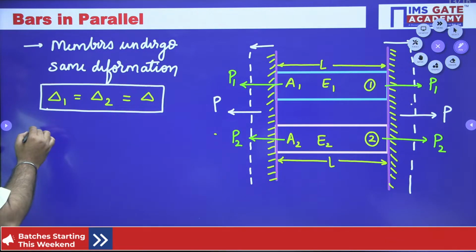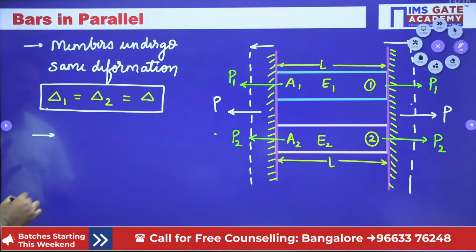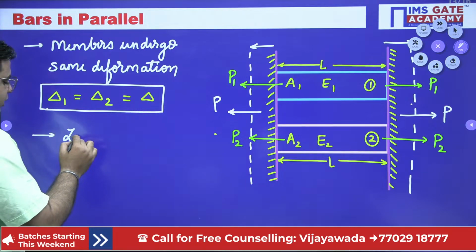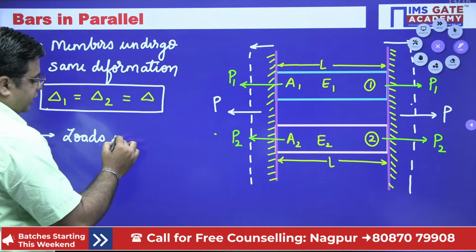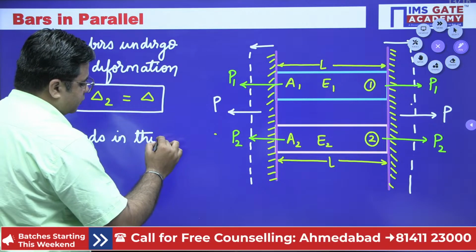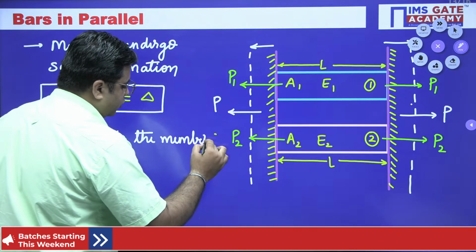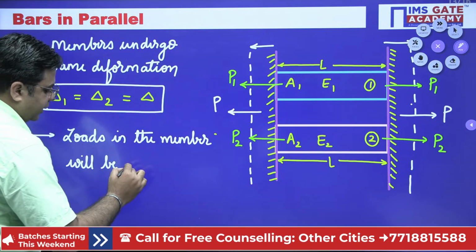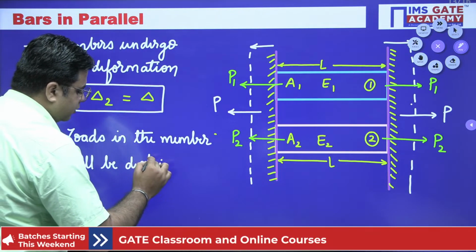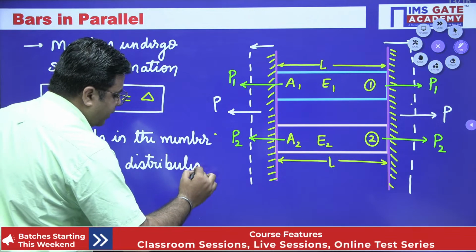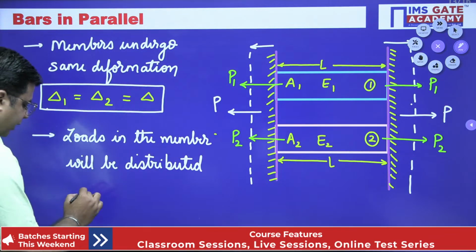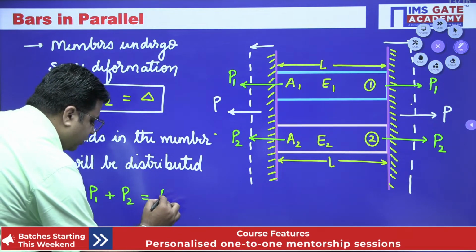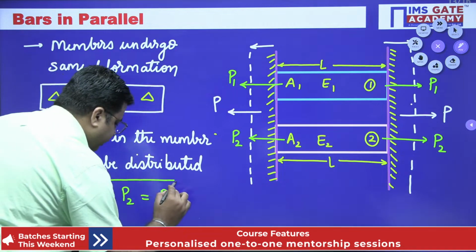So the deformation for both the members will be the same, but the loads will be distributed. The load in member 1 is P1, the load in member 2 is P2. So P1 plus P2 will equal P. This is how your load will be distributed.